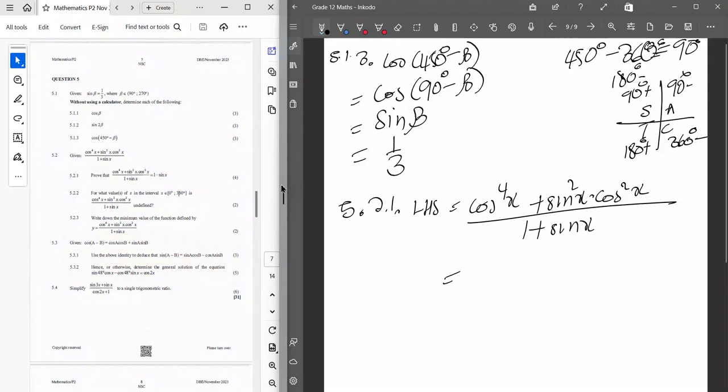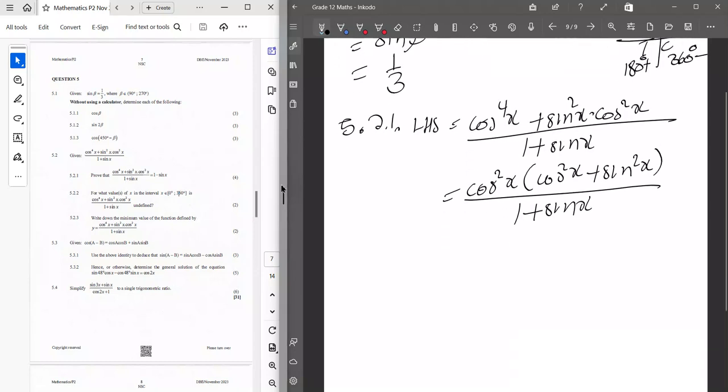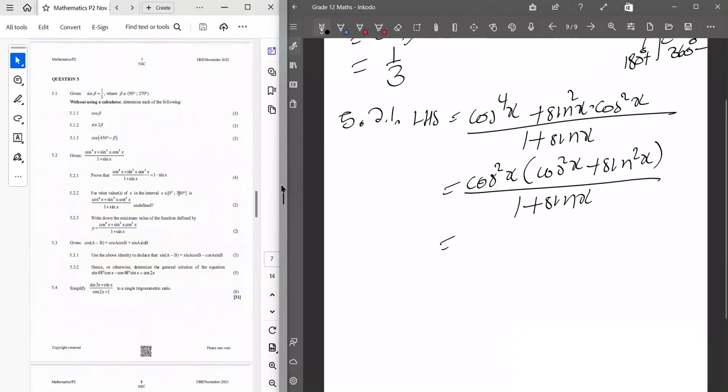Now what we are seeing here, I do see that we have a common factor, which is cos squared x. So we'll take it out. We are left with cos squared x plus sine squared x all over 1 plus sine x, right? Now, this part here is 1. So let's do it like this. We're not going to rush it.